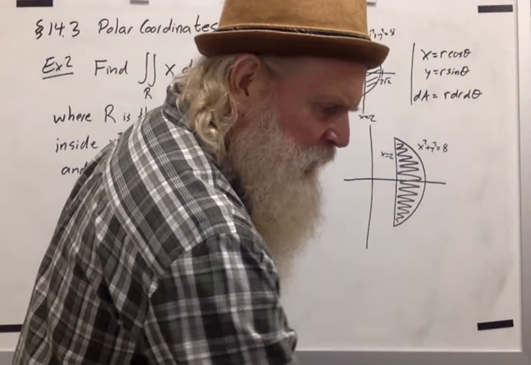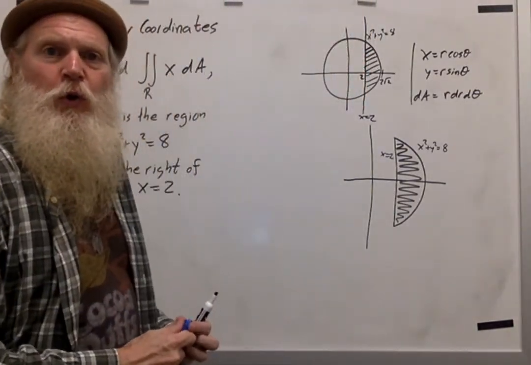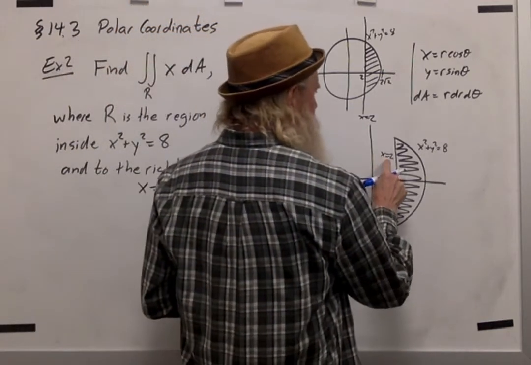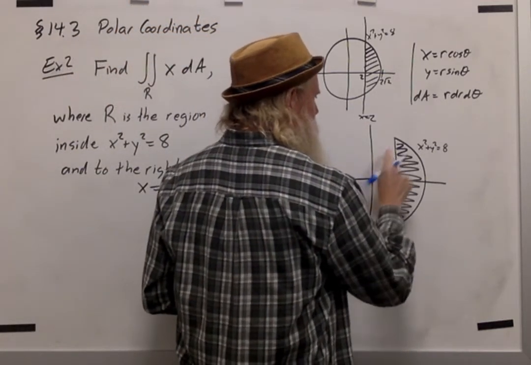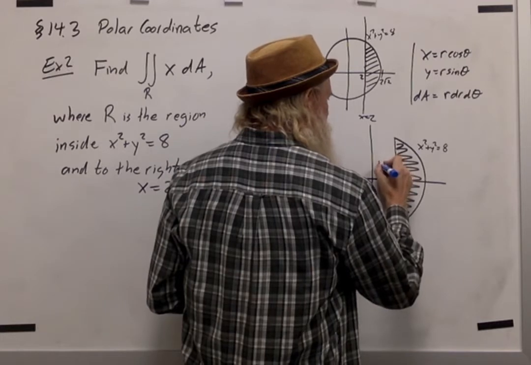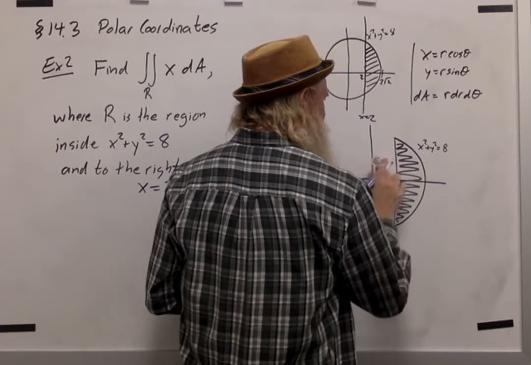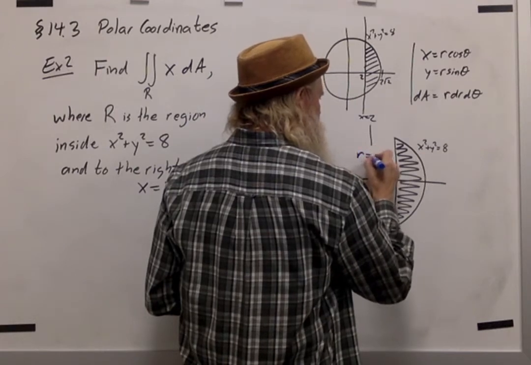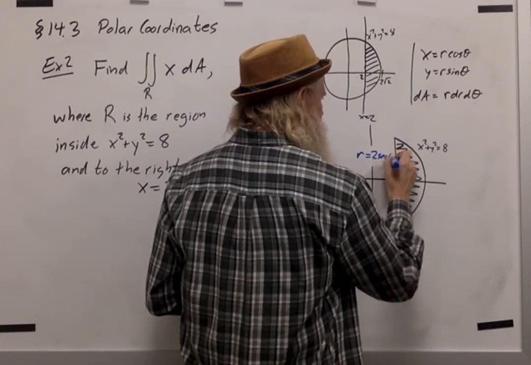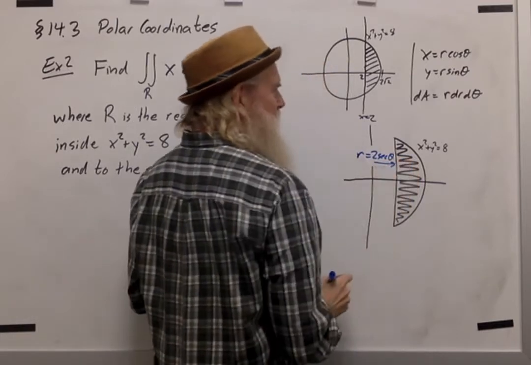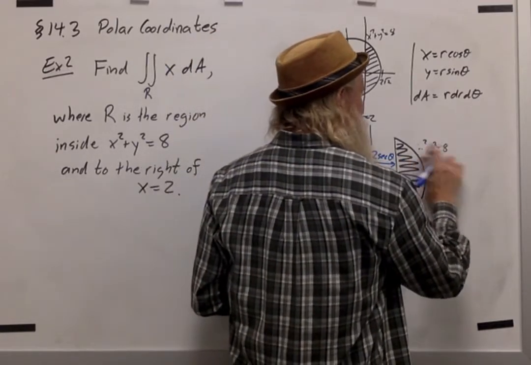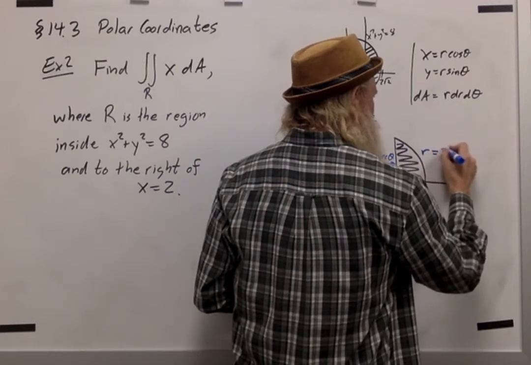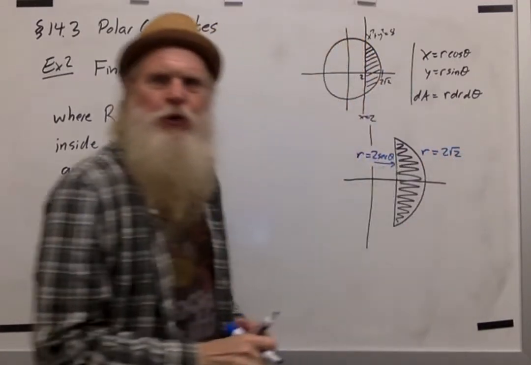Now in that previous video, we wrote down what the polar equations of these two lines were. Recall that x equals 2 had polar equation r equals 2 secant theta, and x squared plus y squared equals 8 had polar equation r equals 2 square root of 2.